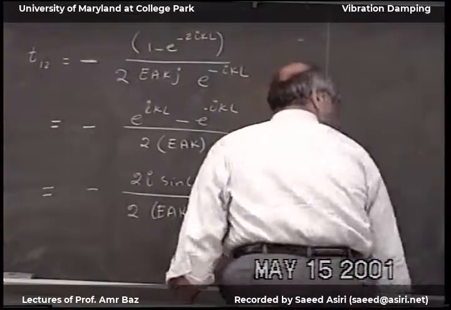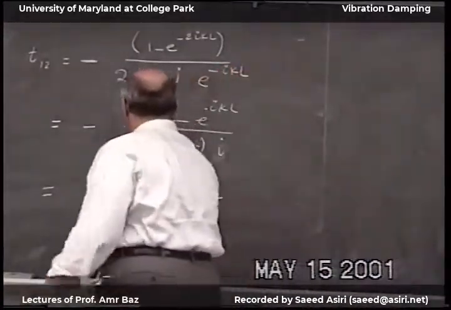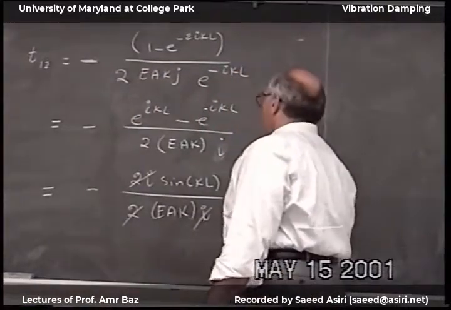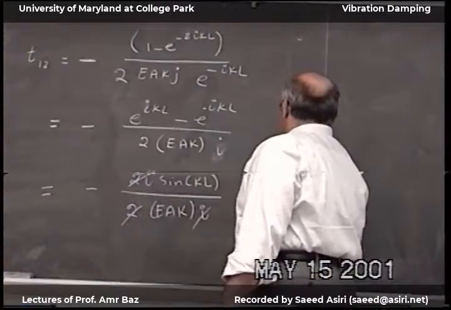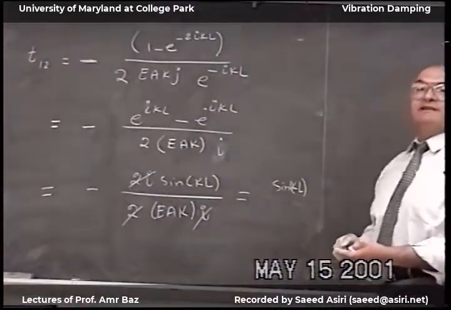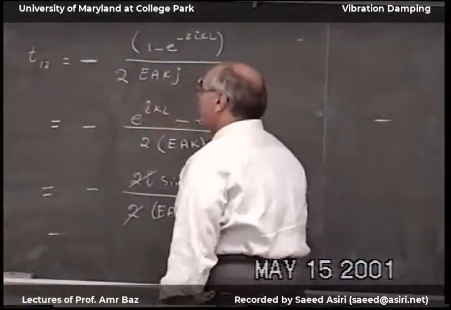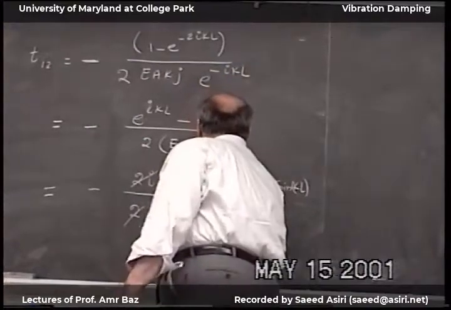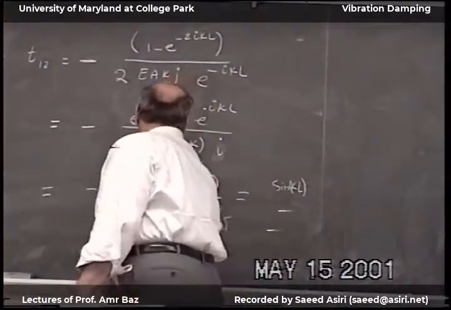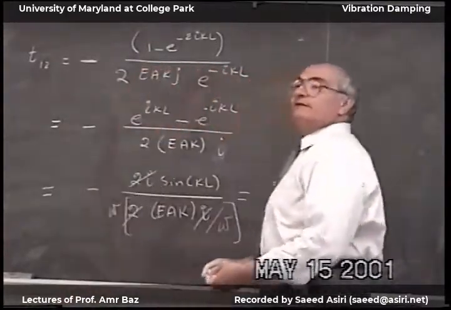Okay. So now the 2 will cancel, and the i will cancel, and this will equal to sine KL. I'm going to simplify this. I'm going to multiply here by 1 over omega and multiply here times omega.